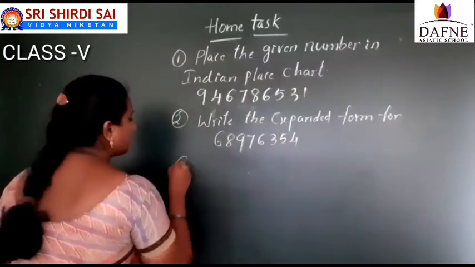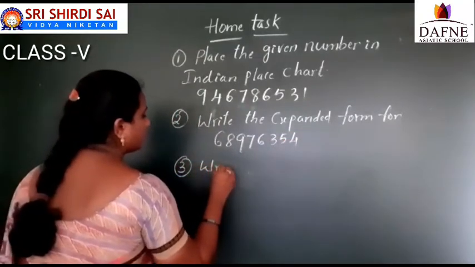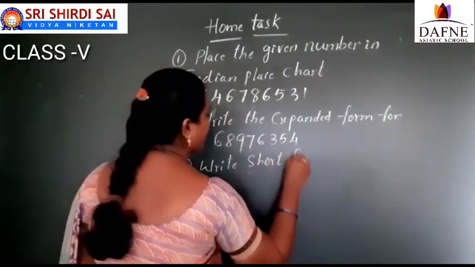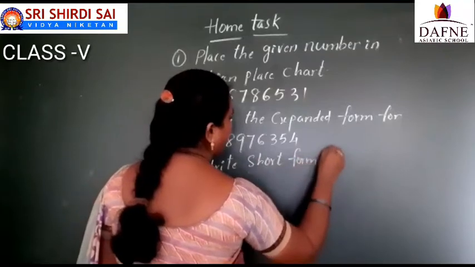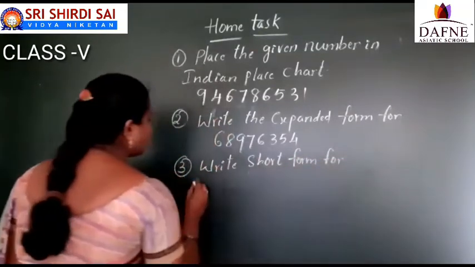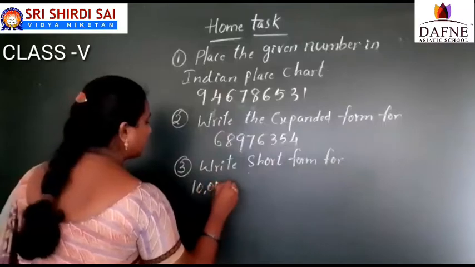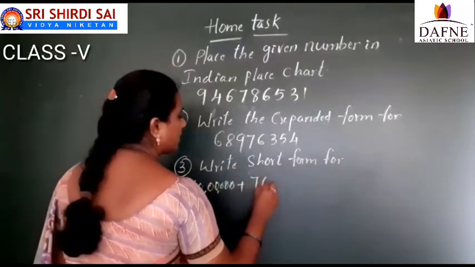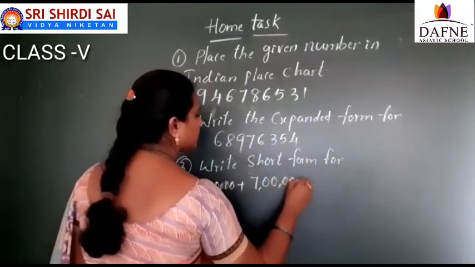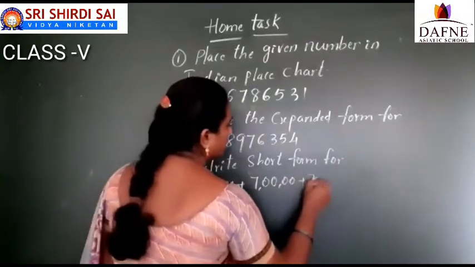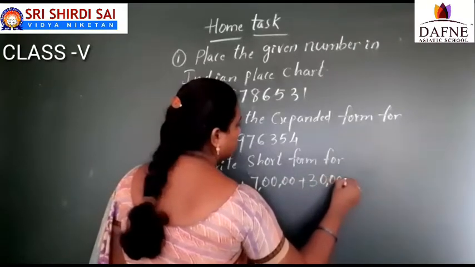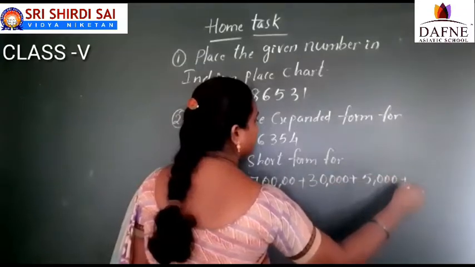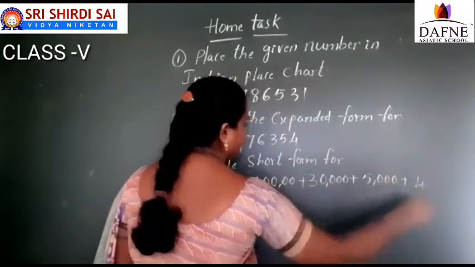And the third one: write the short form for 10 lakhs plus 7 lakhs plus 30,000 plus 5,000 plus 4.